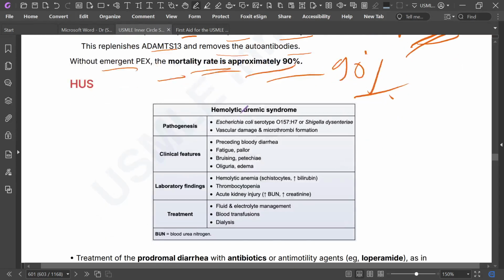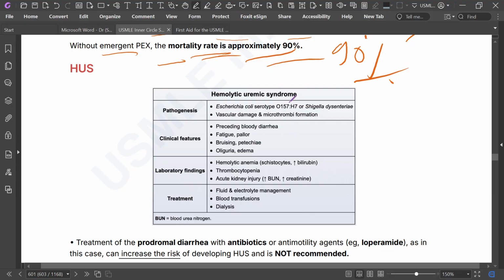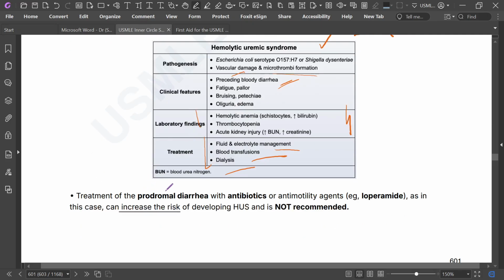Now hemolytic uremic syndrome, E. coli O157:H7 serotype, or Shiga dysentery. There may be vascular damage and microthrombi. Again, labs show anemia, thrombocytopenia, acute kidney injury. If there is bloody diarrhea with fatigue, pallor, bruising, and oliguria, management is fluid and electrolytes, blood transfusion, and dialysis.